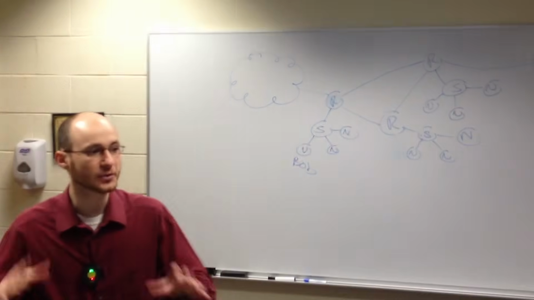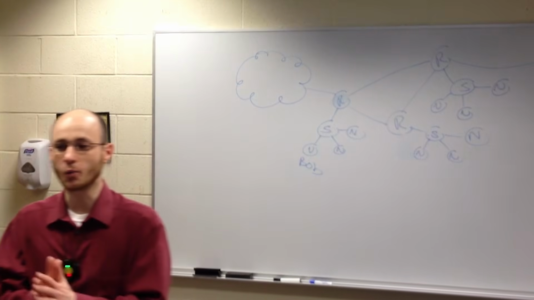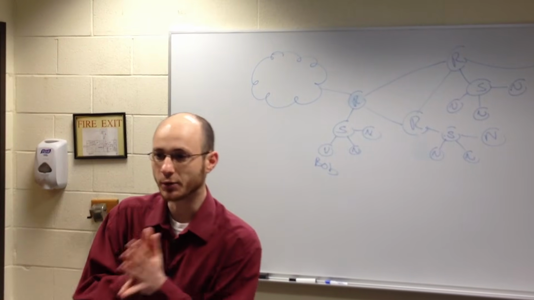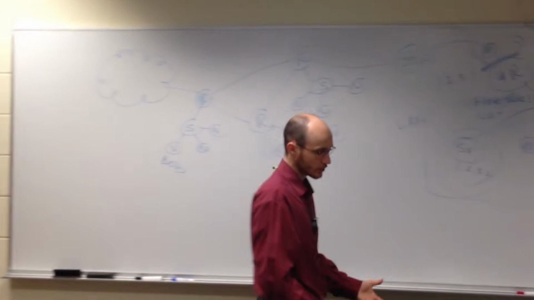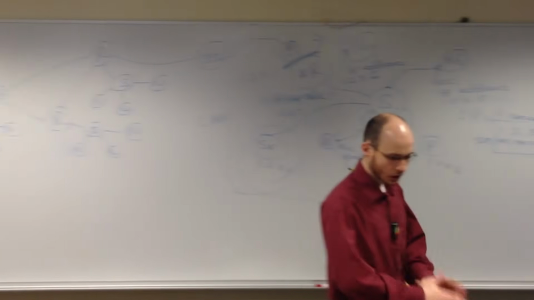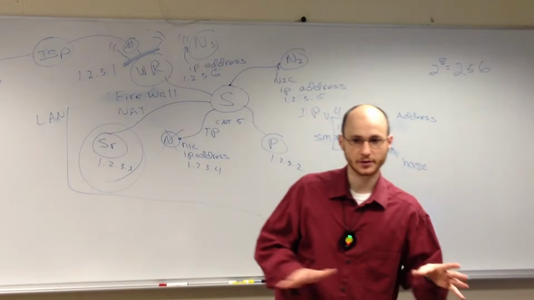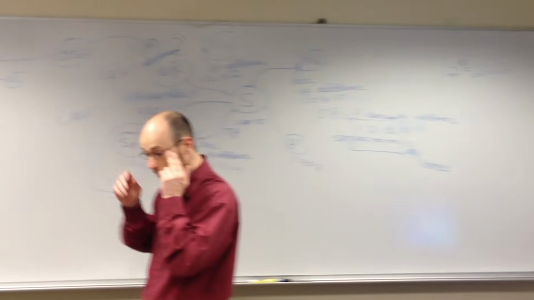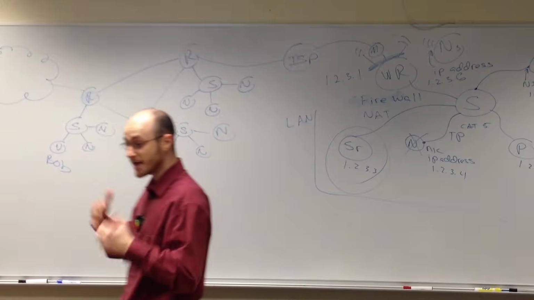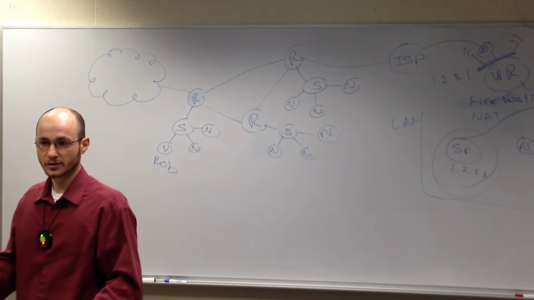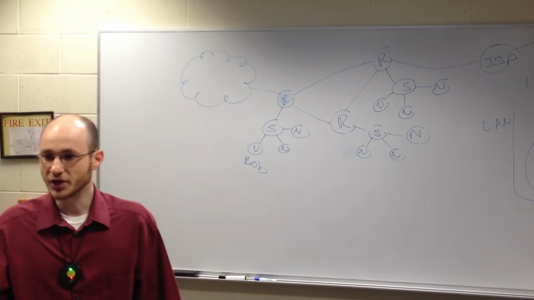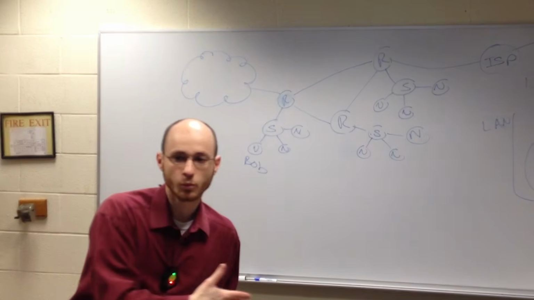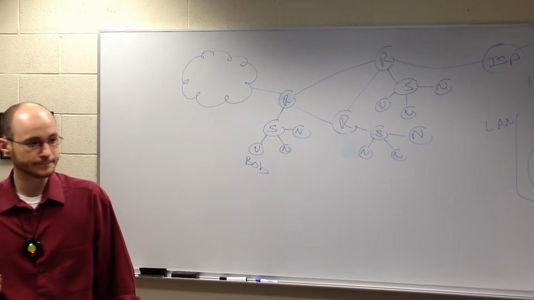Because we are getting to the point where we have stuff at home that we want to be able to access from anywhere around the world. Our firewall is designed to close up ports, connections coming and going from our computer. If we haven't initiated the conversation, then nothing can come in through that hole, if you will.